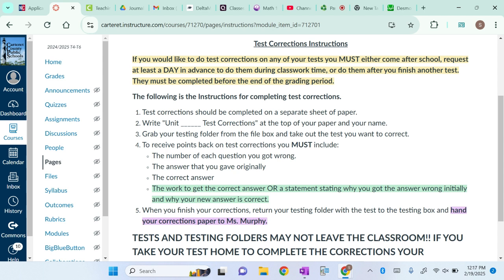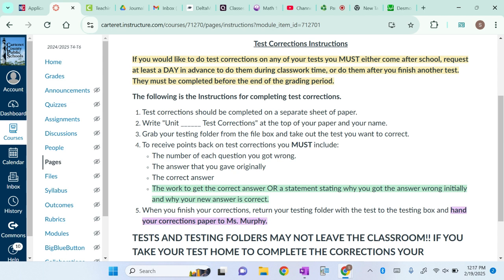I just want to know what your mistake was. For example, say you worked something out the first time, and when you reread it, you realize you wrote down the wrong sign, and that's why you got it wrong. That's what you would say: I wrote down the wrong sign, or sign error, or something like that. I'm basically having you analyze your own work.